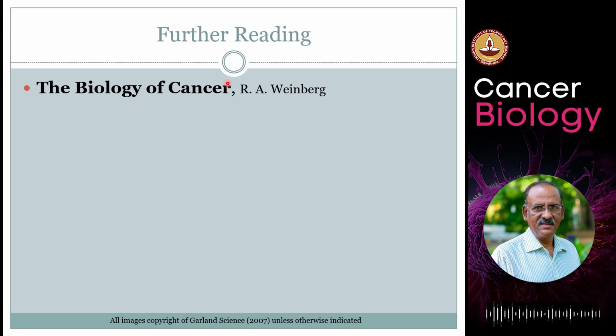Herceptin, the antibody, is one of the most important antibodies used in cancer therapy, although there are many other antibodies which are now in the clinic.